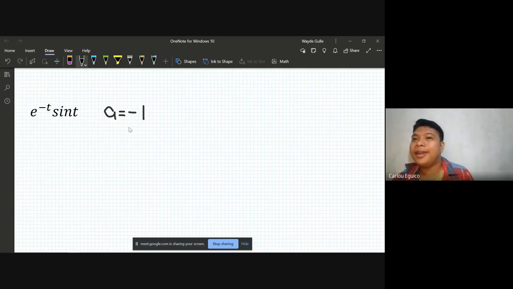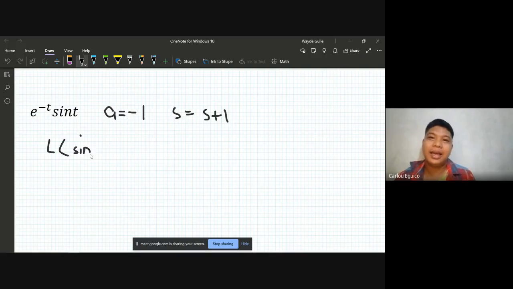So F of s is equal to s plus 1, because s minus negative 1 is equal to s plus 1. Next, we're going to get the Laplace transform of sine t parallel to s plus 1.